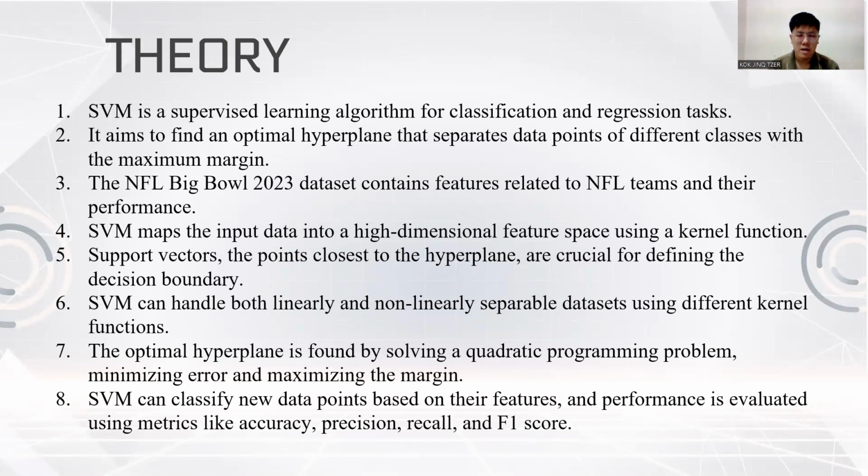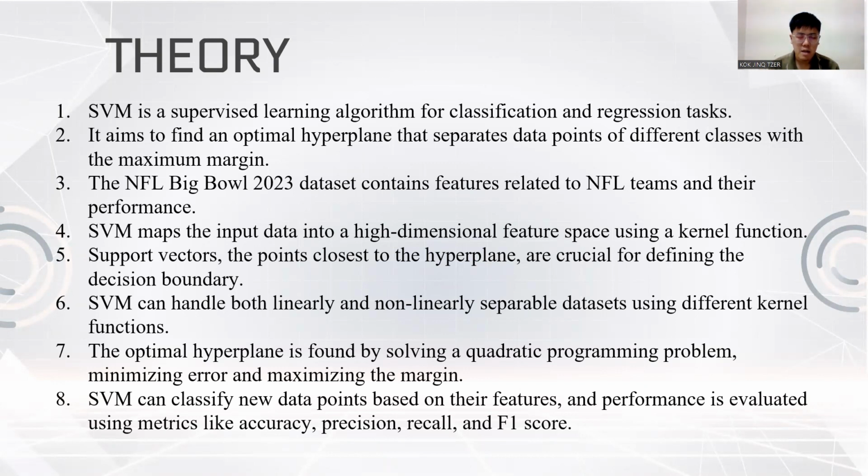SVM maps the input data into a high-dimensional feature space using a kernel function. Support vectors, the points closest to the hyperplane, are crucial for defining the decision boundary. SVM can handle both linearly and non-linearly separable datasets using different kernel functions.